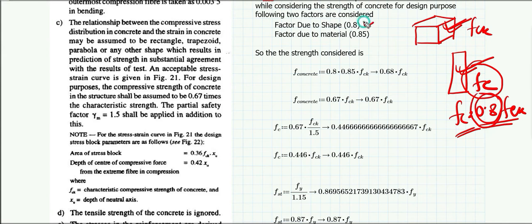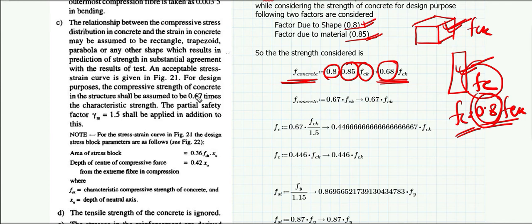So the shape factor is 0.8 that we have to consider, as well as there will be material anomalies in the section, because concrete is never a uniform material. So another factor of 0.85 is assumed. If you multiply 0.8 and 0.85, you get 0.68 of FCK. That means the stress in concrete is 0.8 into 0.85 into FCK, which gives you 0.68 FCK.